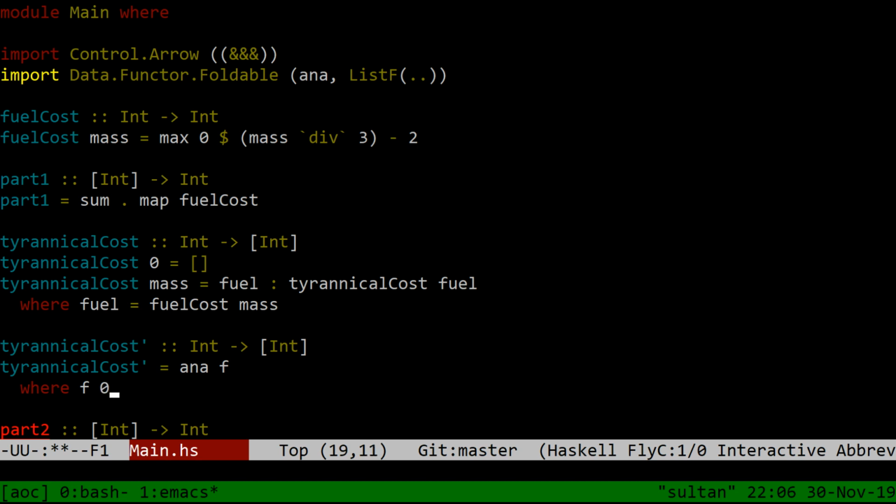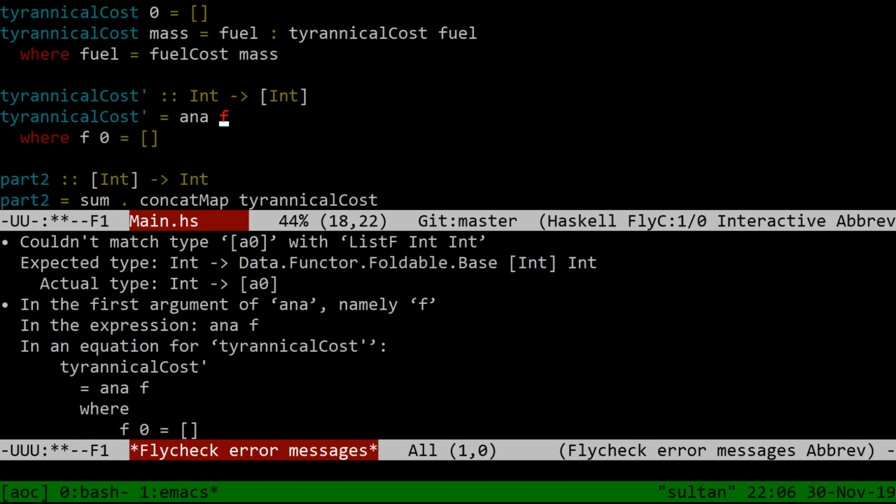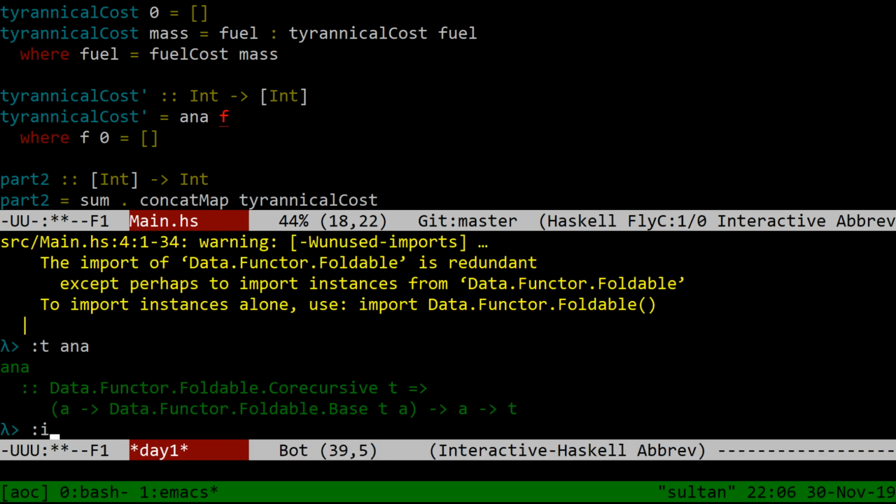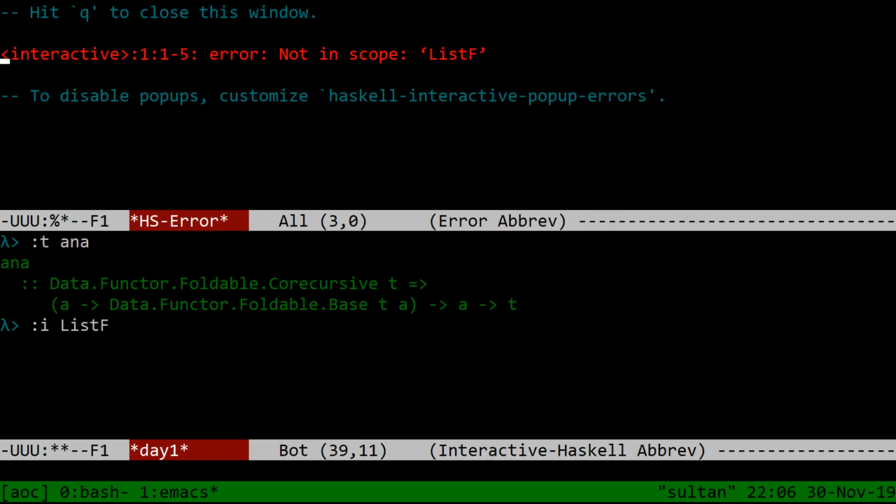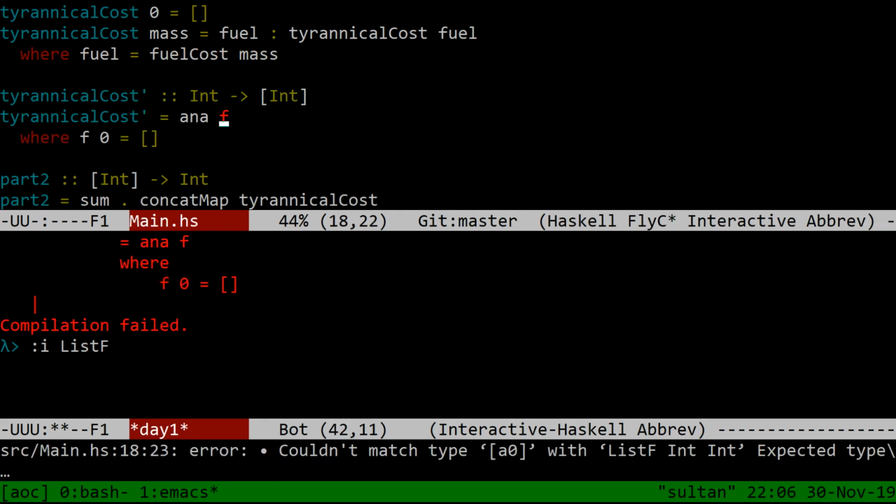Let's just say f of 0 equals... I can't just write this, can I? No. Because we need the base. So what are ListF? I crashed. No. Not in scope: ListF. Okay, so do I need to reload this again?